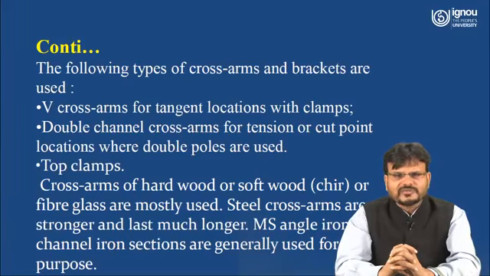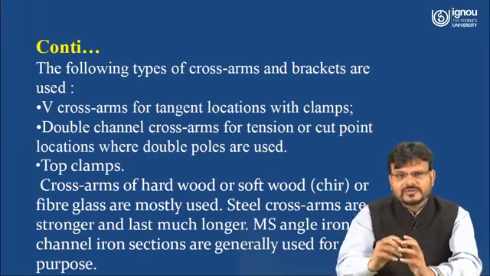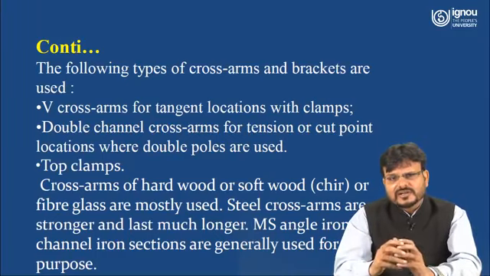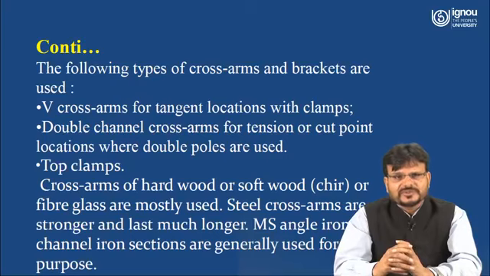Cross arms of hardwood, softwood or fiberglass are mostly used. Steel cross arms are stronger and last much longer. MS angle iron and channel iron sections are generally used for this purpose. So cross arms may be of wood or galvanized steel, and may be of different shapes. It may be the V cross arm, the double channel cross arm, and top clamps are also used in the cross arm.